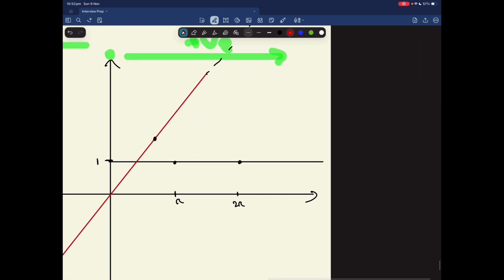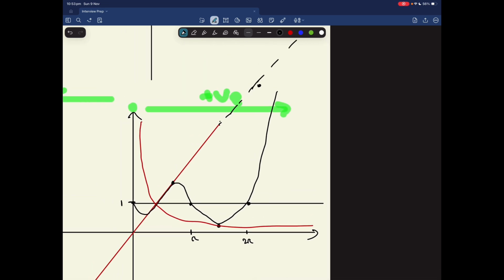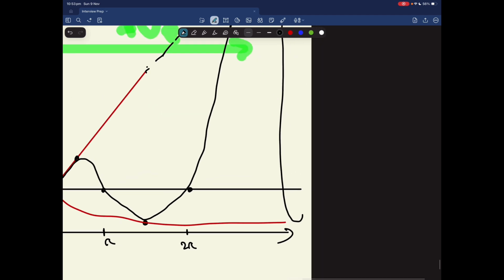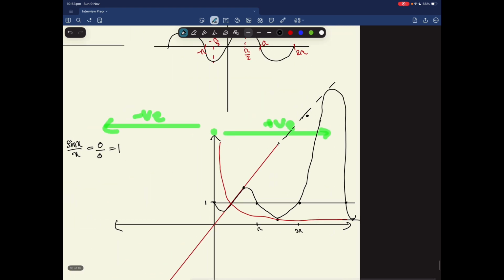So if I draw a 1 over x graph, which looks something like this, I can say that all my minima are going to lie on this line. So our graph is going to behave something like this, and then it's going to meet somewhere along this line, and it's going to come down. Obviously I've squished it a bit. It's going to meet there, and then it's going to touch this line. So that's what our graph is going to look like on the positive side.